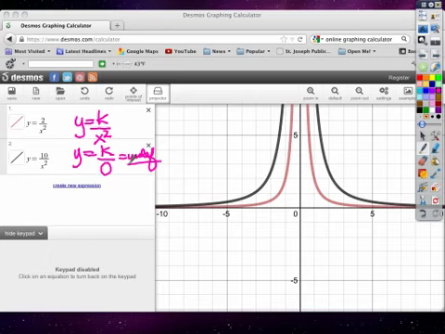We're getting points, just pick an x value of 1 in that top equation. When x is 1, 2 divided by 1 squared would give me a 2. When x was 2, 2 divided by 2 squared, which is 4, would give me a 1/2. And so you can see you're getting points along this. And again, if you keep choosing and keep choosing, you're going to get points along both red branches.